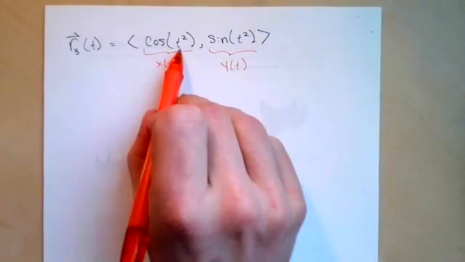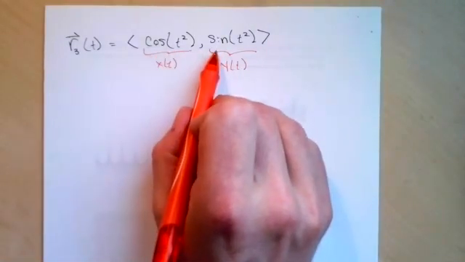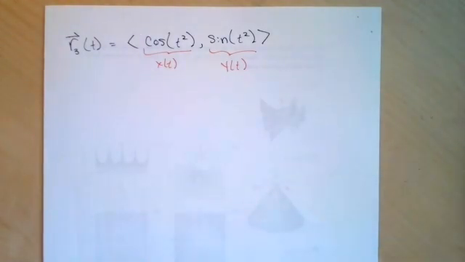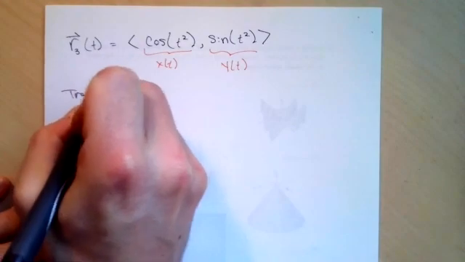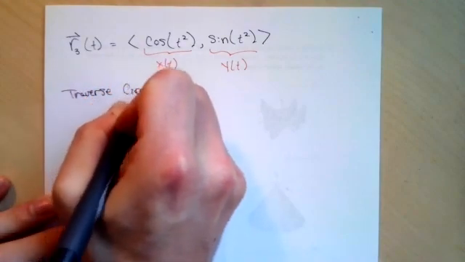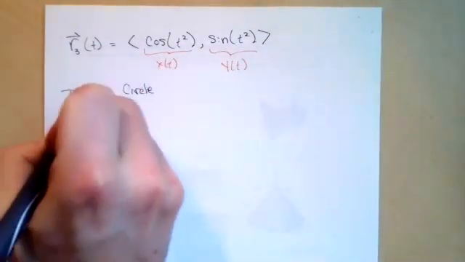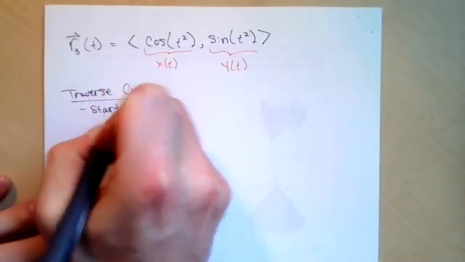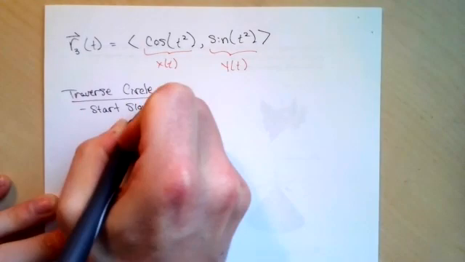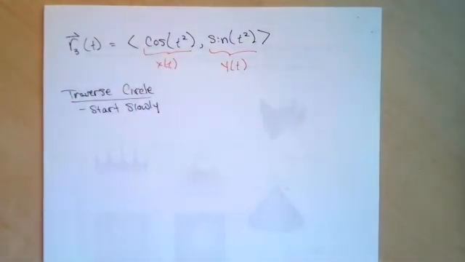It starts off slow, so we're going to traverse a circle, but it's going to start slowly, and more slowly than just with cosine t, sine t.